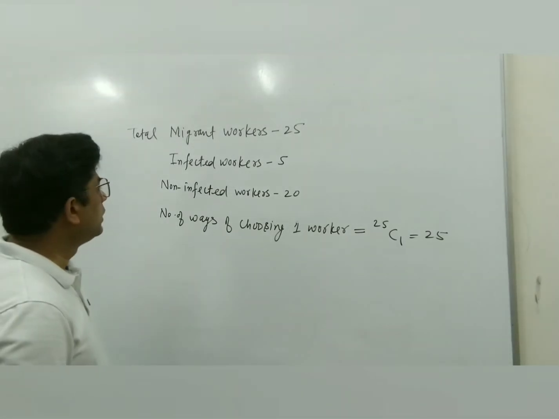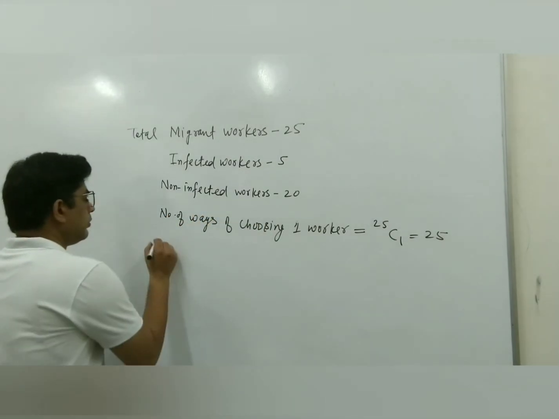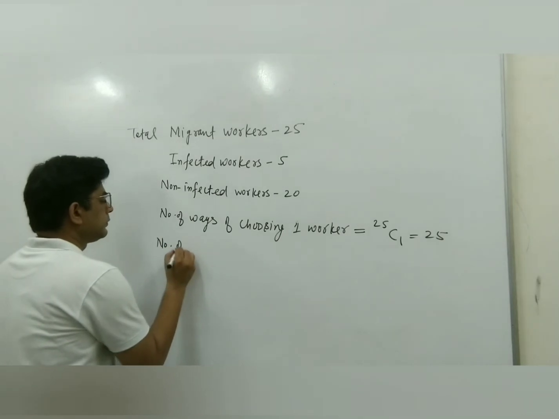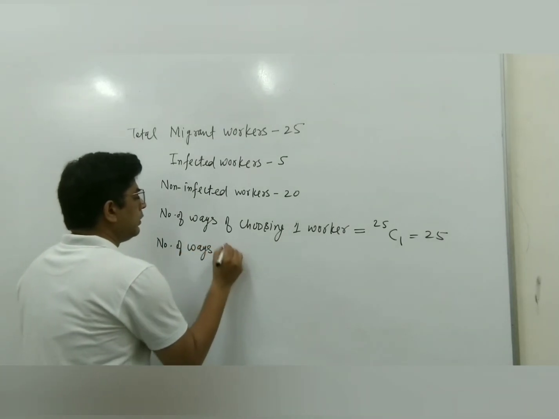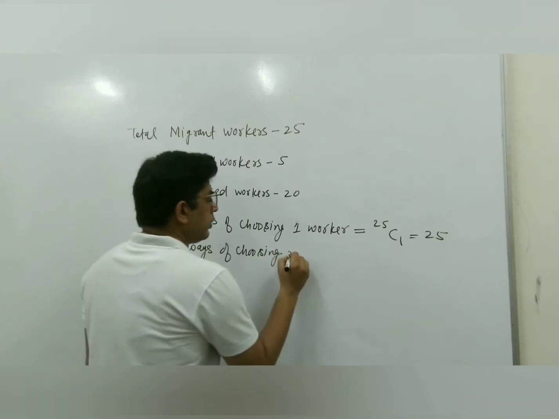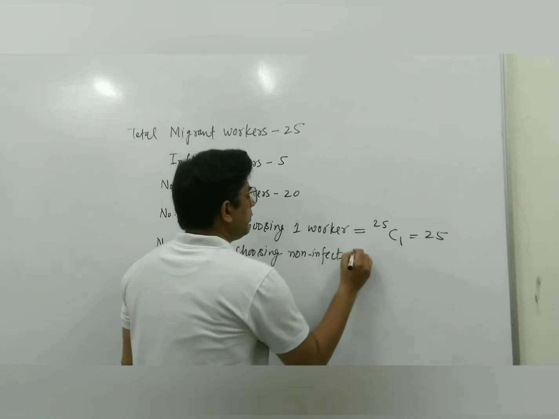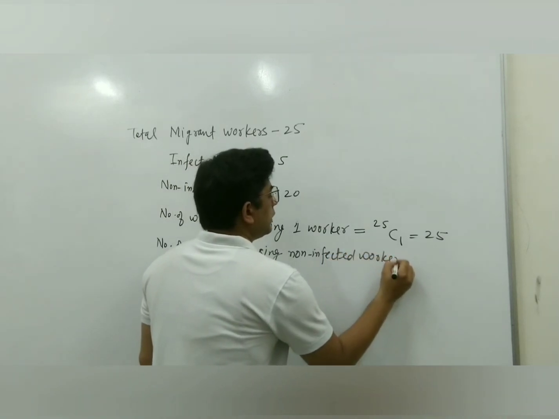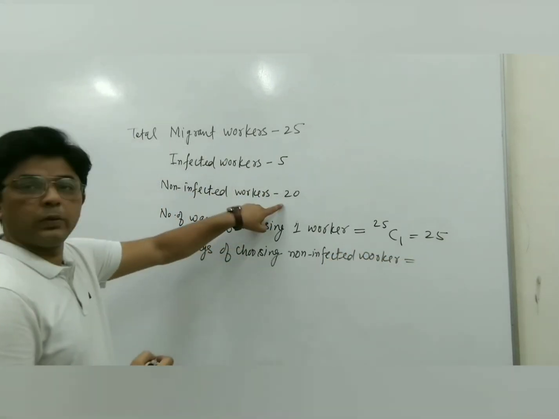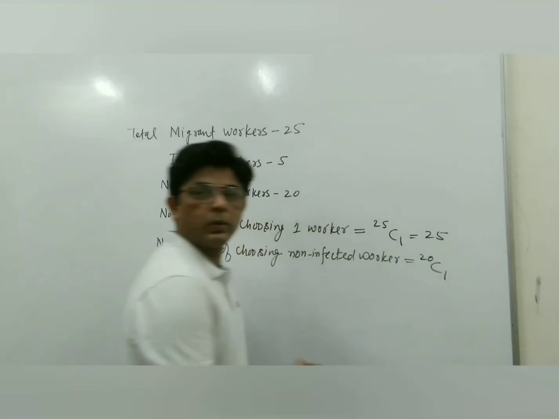That is, we have to choose the worker from the remaining 20 non-infected workers. So the number of ways of choosing a non-infected worker is 20C1, because we have to choose one worker from 20 workers.